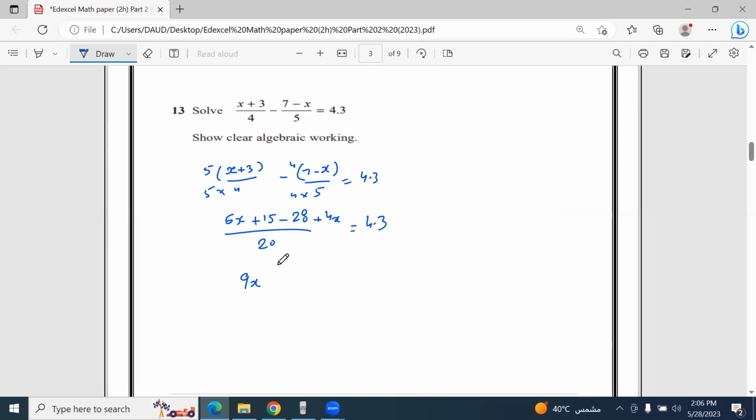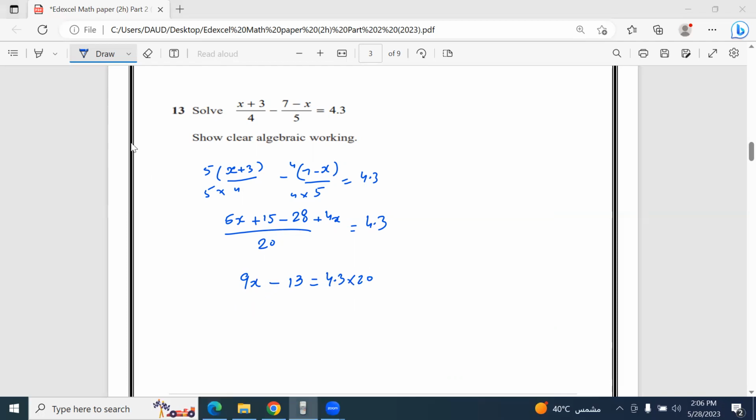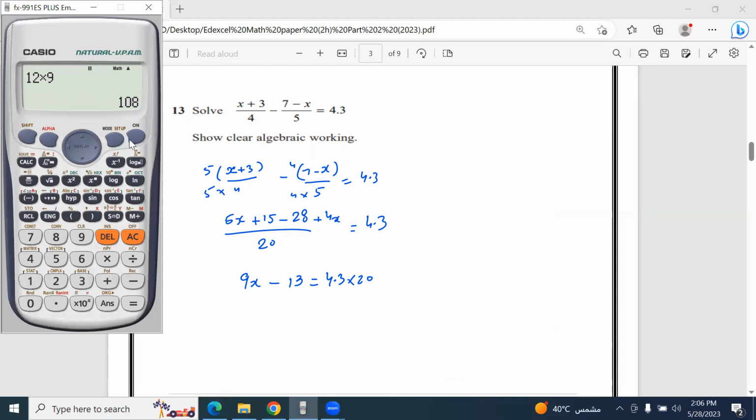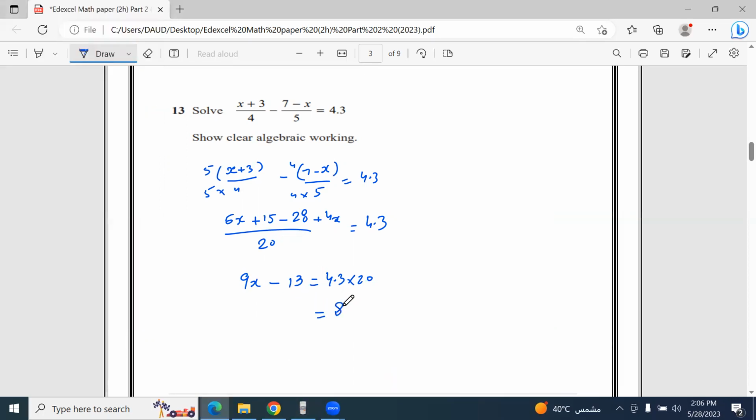and 28 minus 15, which gives us 13 is equal to 4.3 multiplied by 20. So it gives me, if you check here, 4.3 multiplied by 20, it gives us 86, and then plus 13.